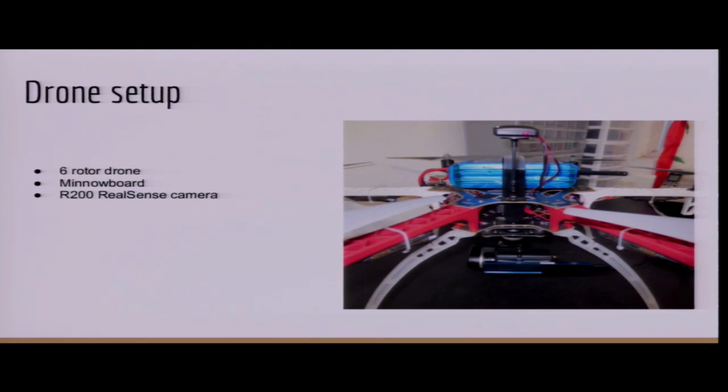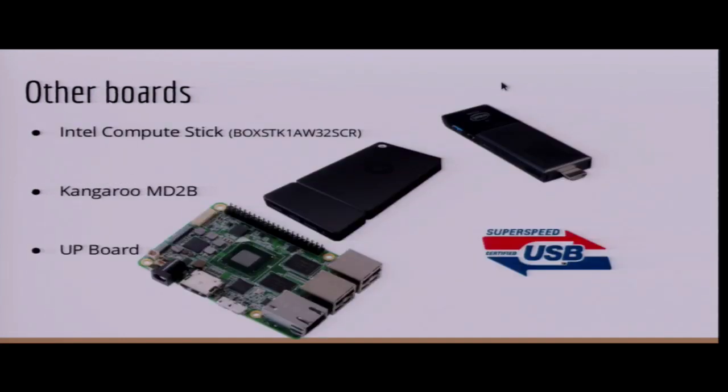The weight of this camera is extremely low, so any drone can handle it. Other boards that are enabled in this library are the Intel Compute Stick, Kangaroo, and the UP Board. This is because they are using the SuperSpeed USB, USB 3.